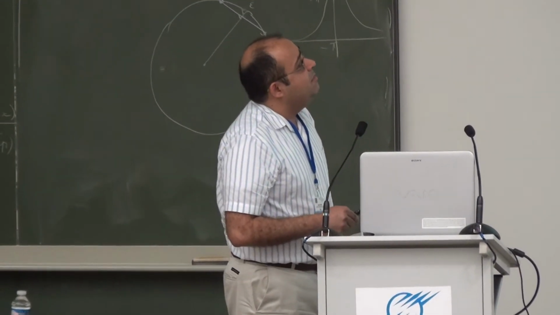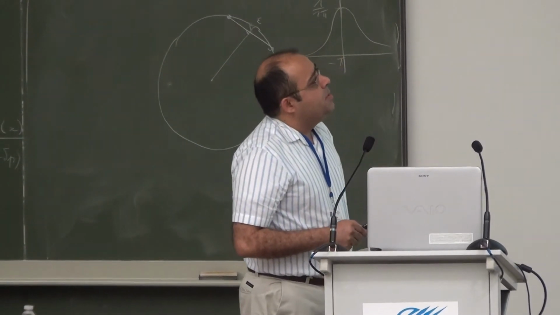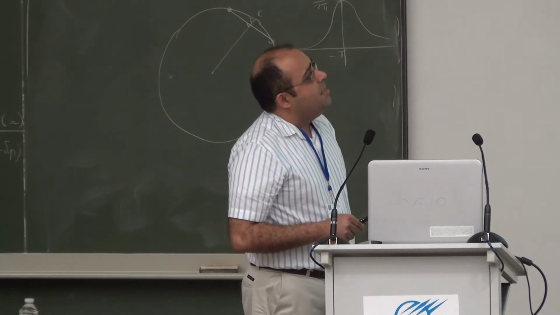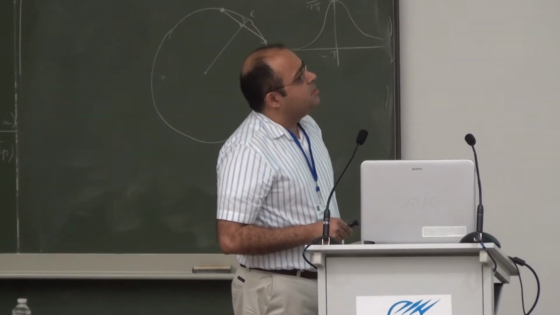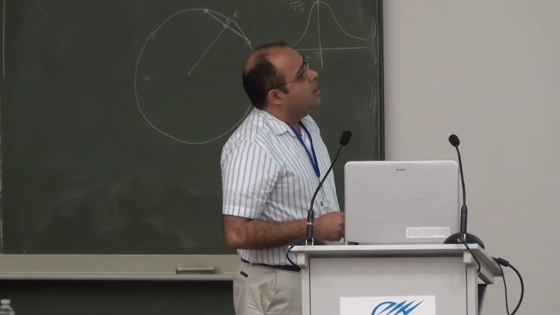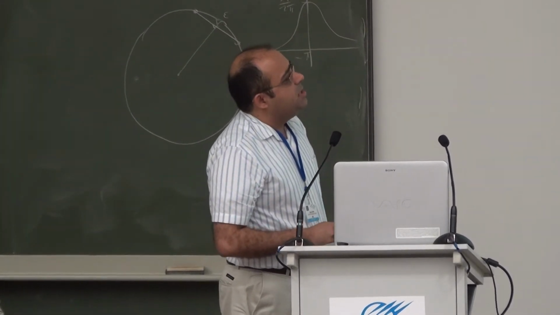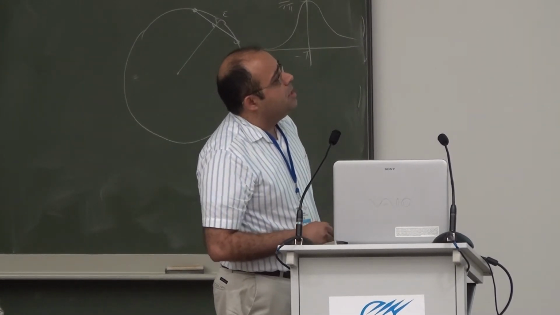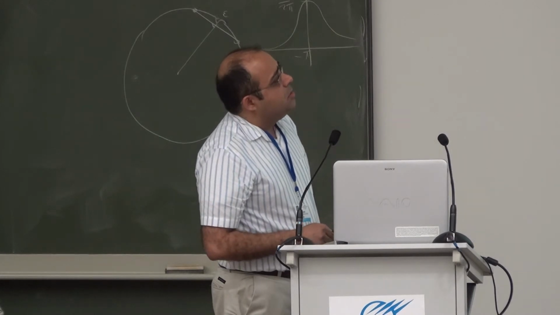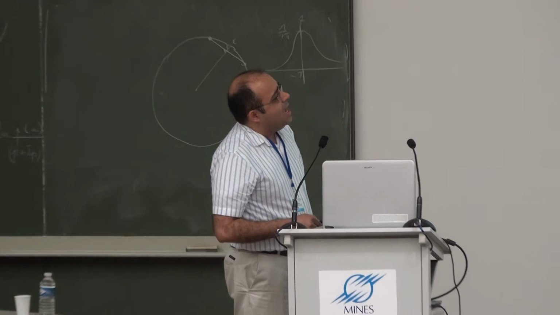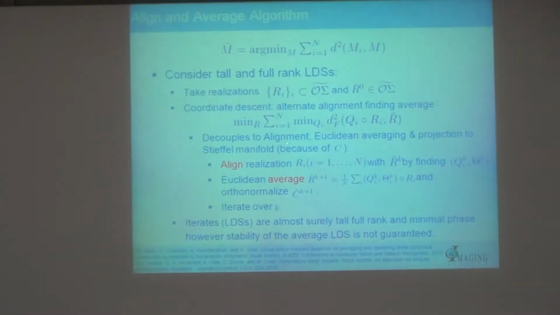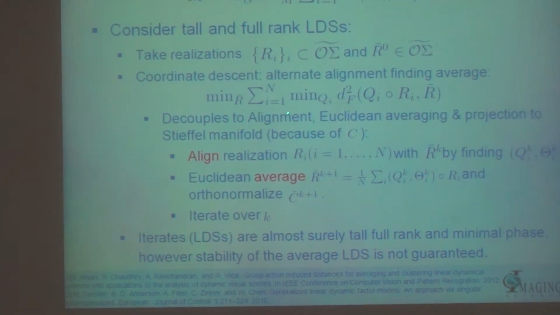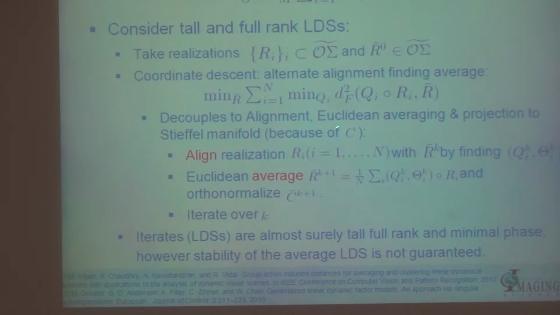I will briefly go through this averaging algorithm. We want to minimize this Fréchet sum of the squares of distances, where the distance is the alignment distance. If you go back to the definitions, you will see that this minimization is really two minimizations. One is over a realization for the target average, and the other one is the alignment problem that I talked about. So at the end of the day, you will have a coordinate descent algorithm alternating between alignment and finding averages.